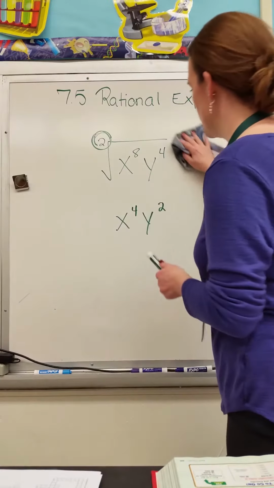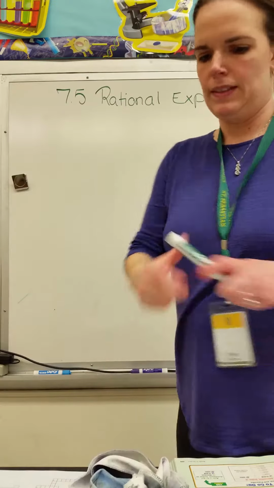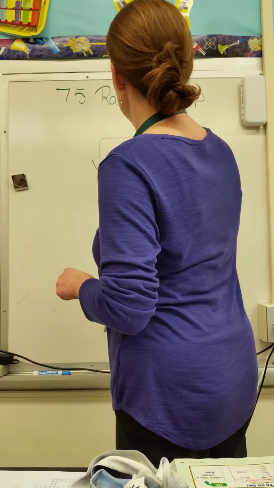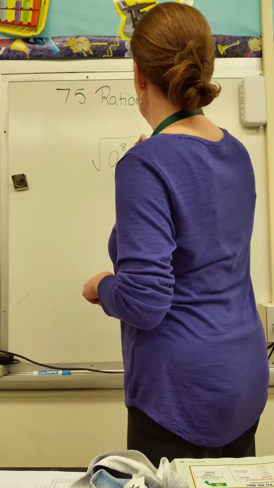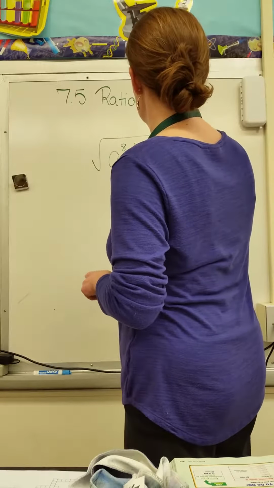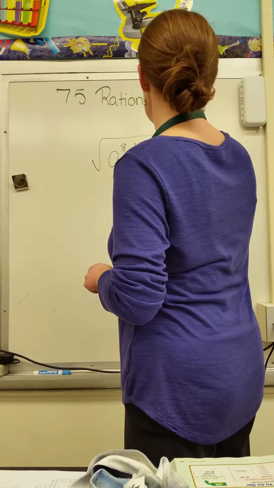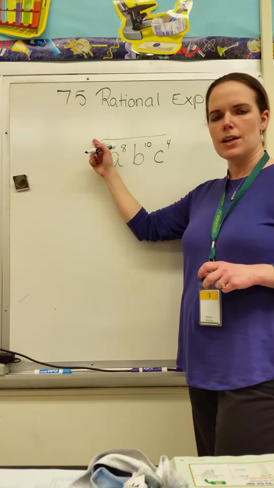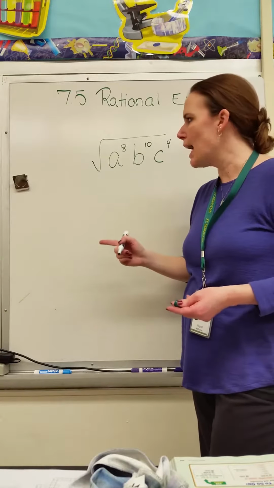Here's another example. If I have the square root of a to the 8, b to the 10, c to the 4. When there's nothing out here, it's a square root. So it's asking how many pairs do I have?